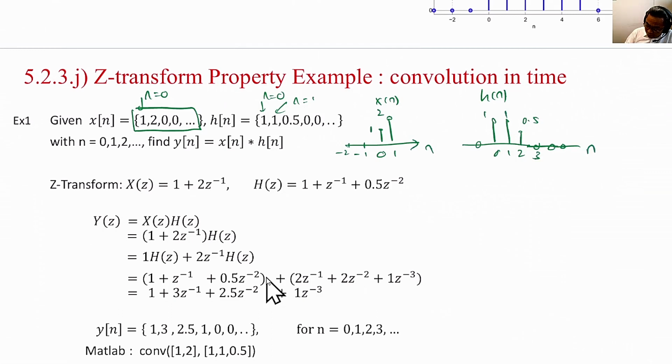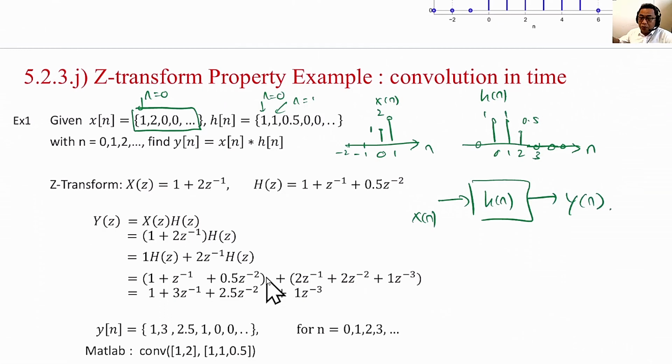We're supposed to convolve these two sequences. This is x[n], this is h[n], and we are finding y[n]. So we are convolving an input signal x[n] with an impulse response h[n] to get y[n]. Now we're going to perform the Z transform of x[n] to get X(z).